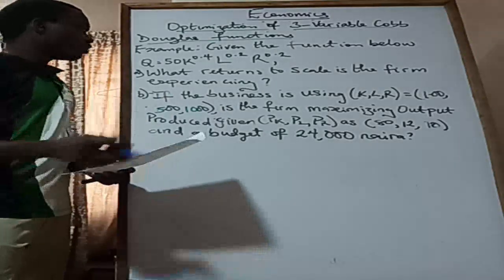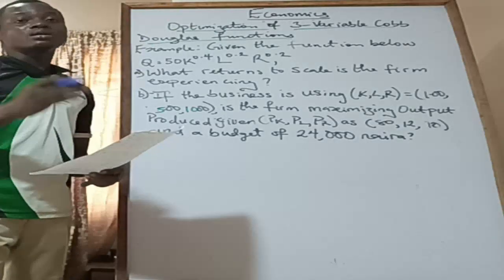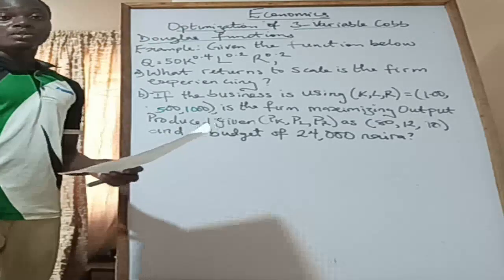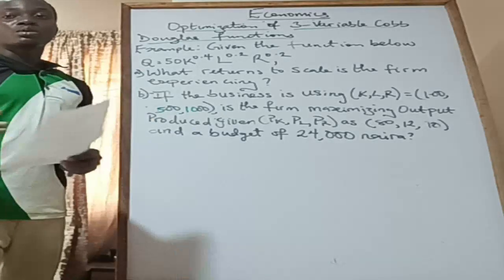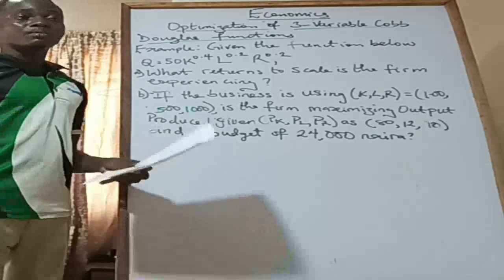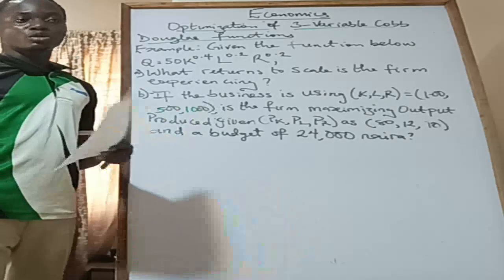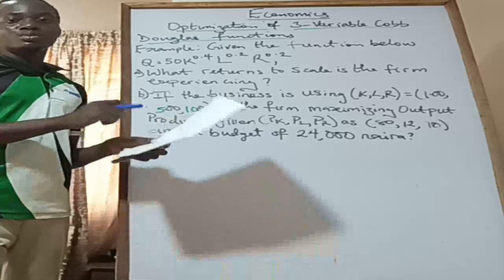All right, so the first one says returns to scale. Returns to scale is basically a feature of the long run. You have returns to scale in the long run because returns to scale is a concept that relates to the change in all the factors of production that lead to a change in output produced.